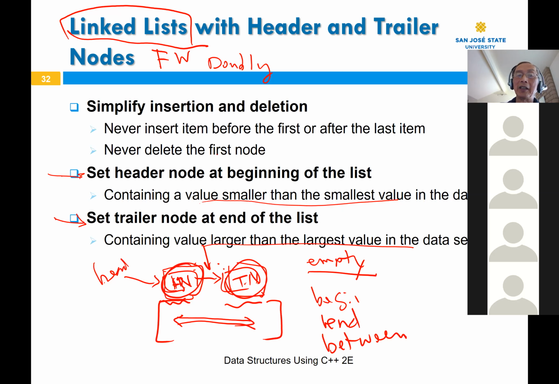In that case, if we are going to create a header node, it will not be any of the existing stock nodes. It will be something which is less than the first stock node.